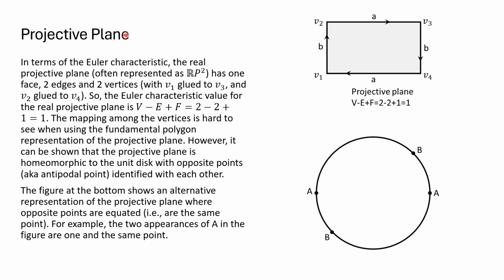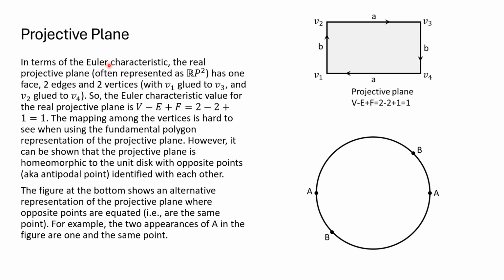So let's talk about the projective plane. And I realize that what I'm showing here in terms of the fundamental polygon doesn't look much like a plane, so a little bit of explanation is needed to convey that, but we'll do that on the next slide.